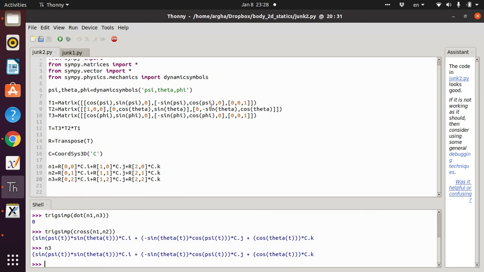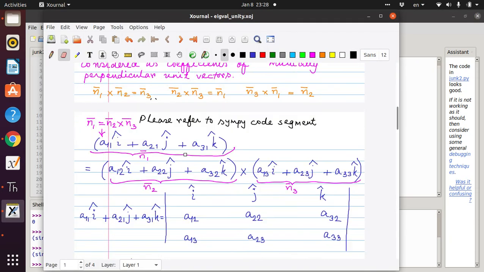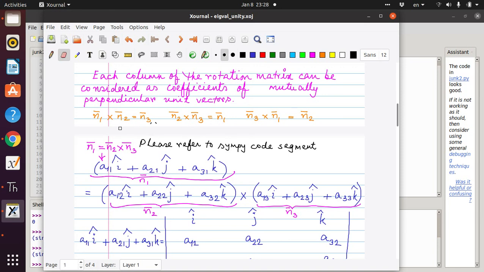It is difficult to do by hand calculations. So now we come back to our write-up, where n1 cross n2 equal to n3, n2 cross n3 equal to n1, and n3 cross n1 equal to n2. So you refer to the SymPy code segment.